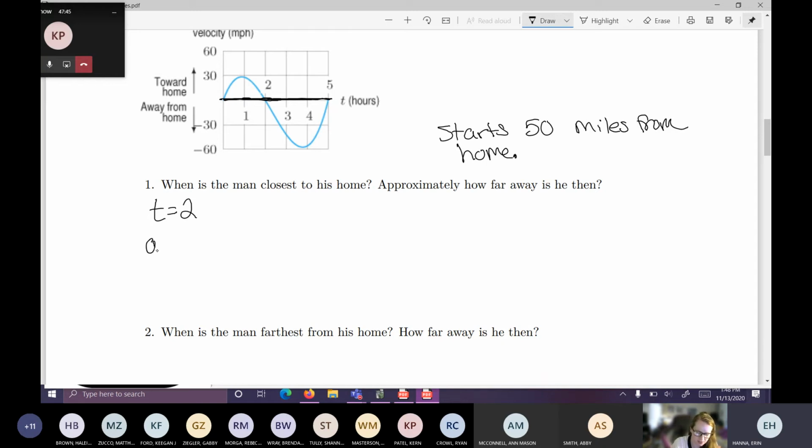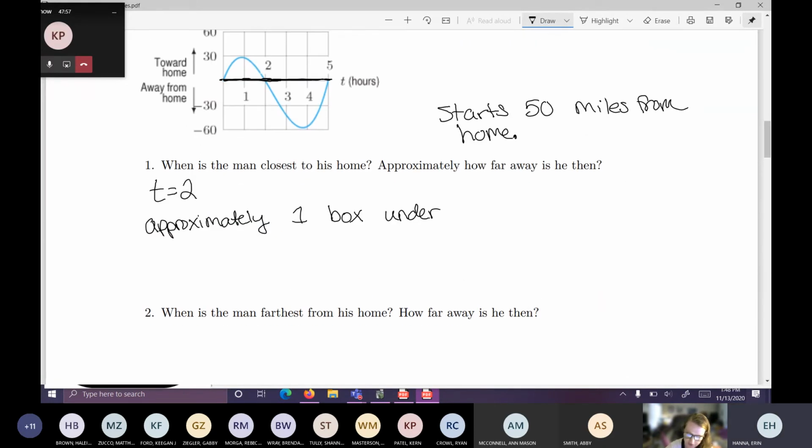So there's approximately 1 box under the function between 0 and 2.